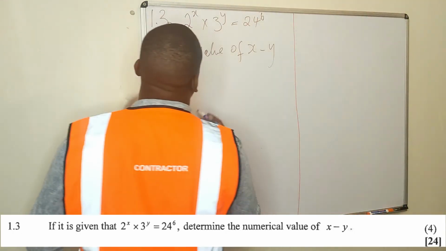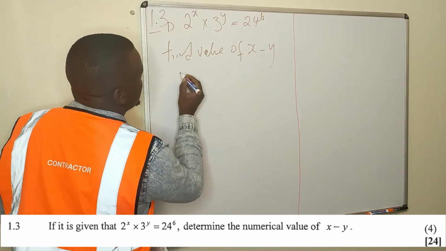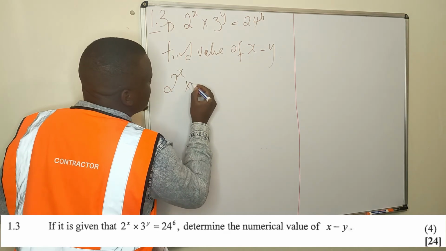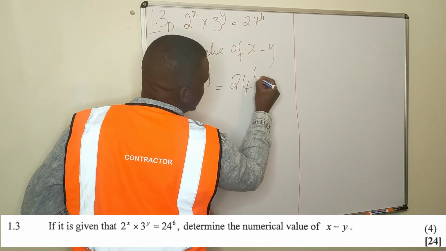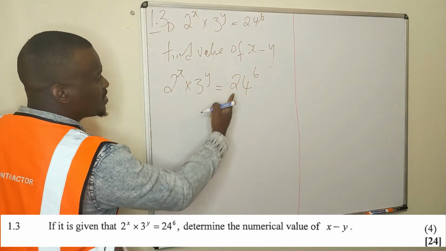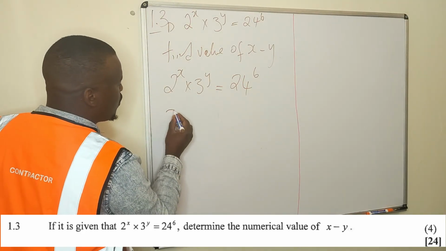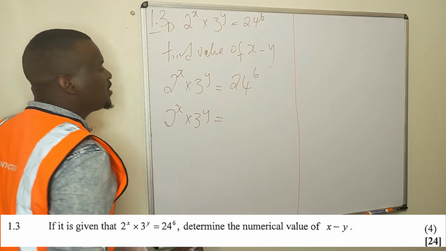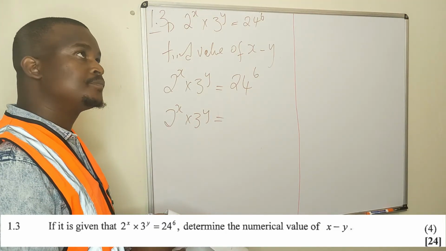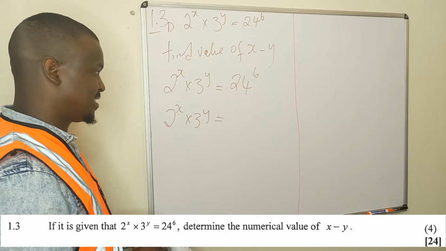So they want us to find the value of x minus y. So what do we have? We are told that 2 raised x times 3 raised y is equal to 24 raised 6. What are the factors of 24? The factors of 24 are 4 times 6.